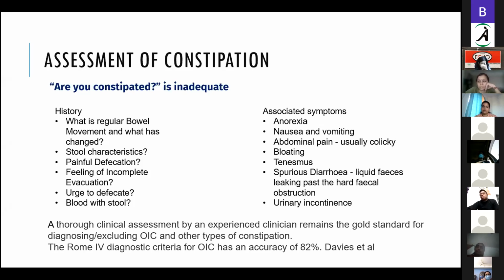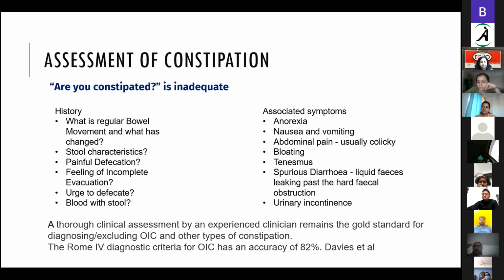Patients with fecal impaction might have spurious diarrhea. So they might say, I'm having loose stools, or I'm passing small quantities of loose stools. Our thought eventually goes towards, okay, there must be some kind of GI infection, some food toxicity, or some kind of laxative overuse. Then we might prescribe some loperamide or some other anti-secretory agents.